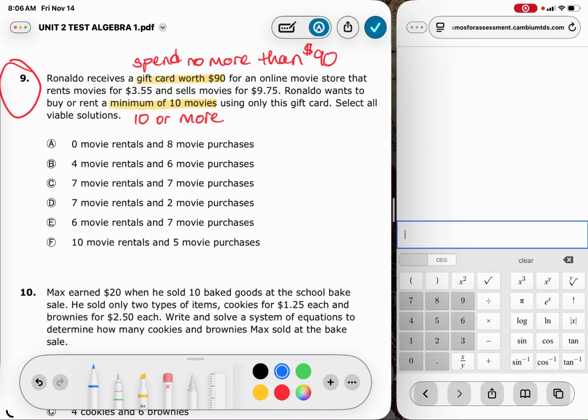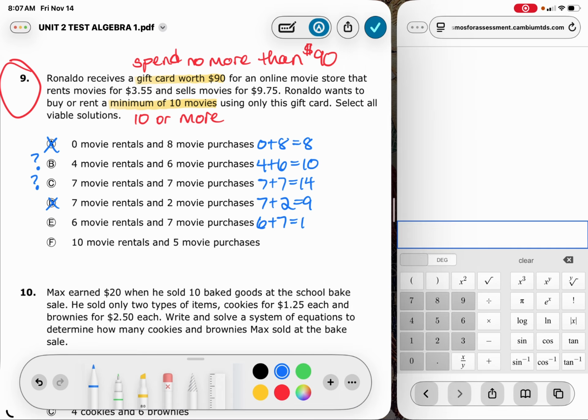So when we look at answer choice A, that would be 0 plus 8, which is 8 movies. He wants at least 10. B is 4 plus 6, which is exactly 10, so that could be a possible answer. 7 plus 7, that's 14, so that could be a possible answer. 7 plus 2, that's 9. That cannot be an answer because remember, he wants at least 10 movies, 10 or more. 6 plus 7, that's 13.